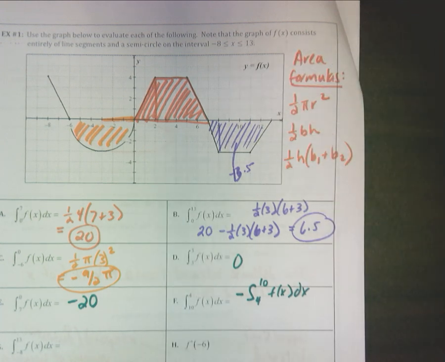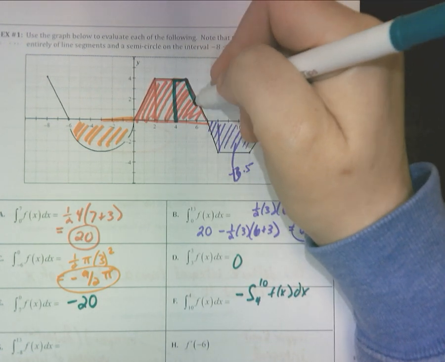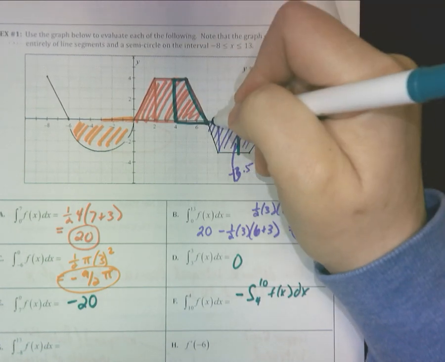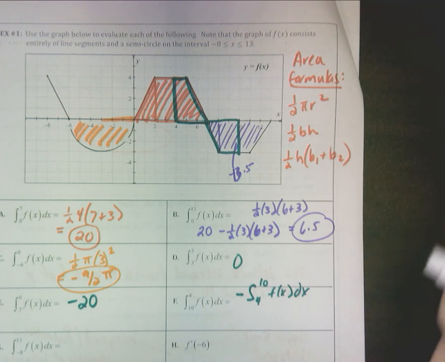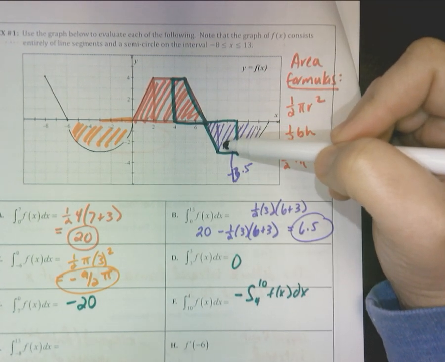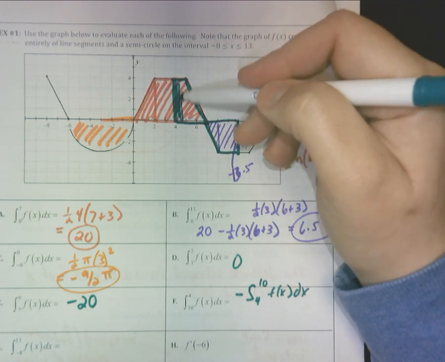So we are actually going from here to 10, which is here. Interesting. So we've got a positive area and then under the axis, a negative area. Okay, so figure out this area right up in here.